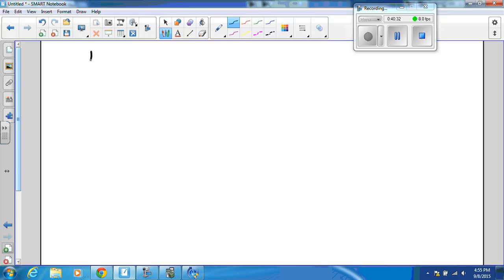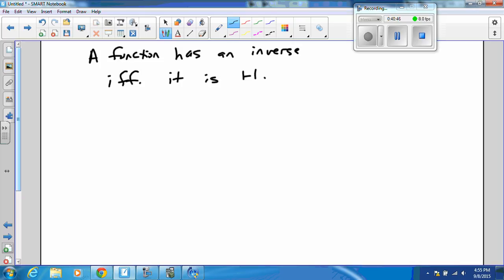The key is that a function has an inverse if and only if it is 1 to 1.